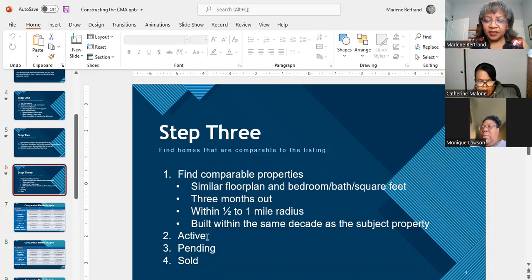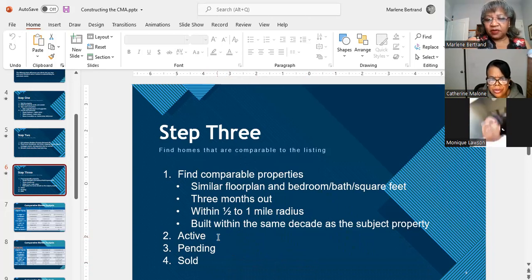You want to have at least 3 active homes to compare it with, 3 pending, and 3 sold. If you can't find 3 active, then you want to take your search out a little more.